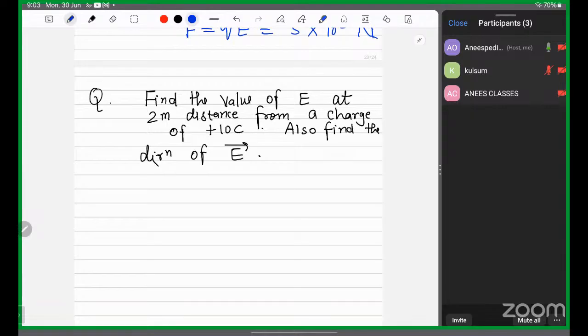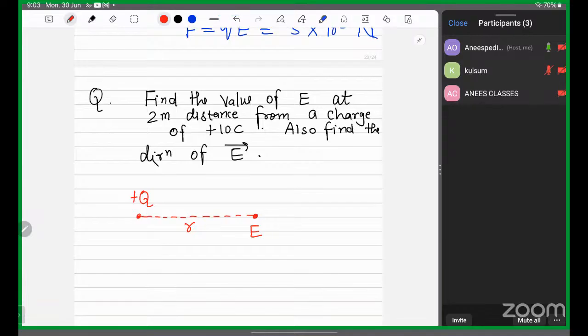We have to find out the value of electric field, means magnitude of electric field, at 2 meter distance from a charge of magnitude plus 10 coulomb. So we have a charge plus Q, and from this charge at any distance R there is a point P, and we are interested in electric field E at this point.